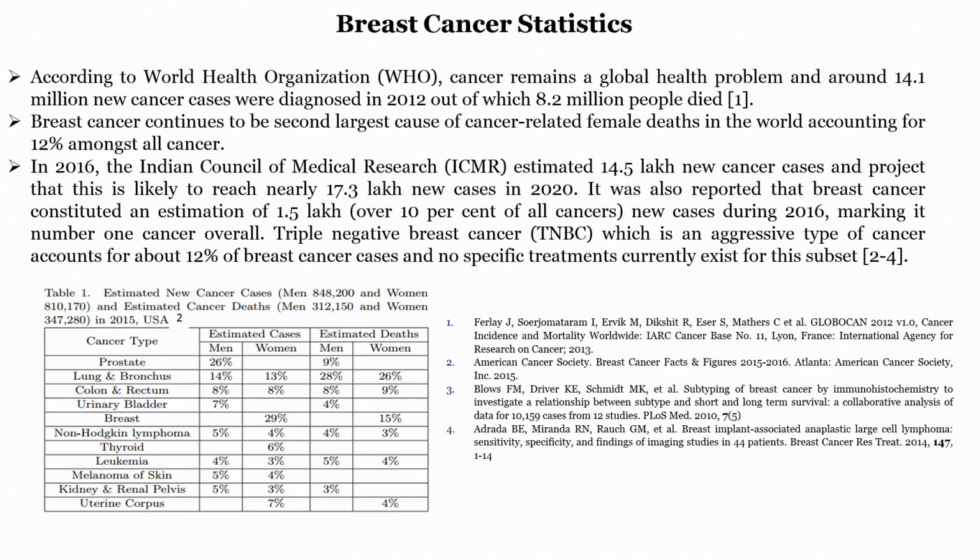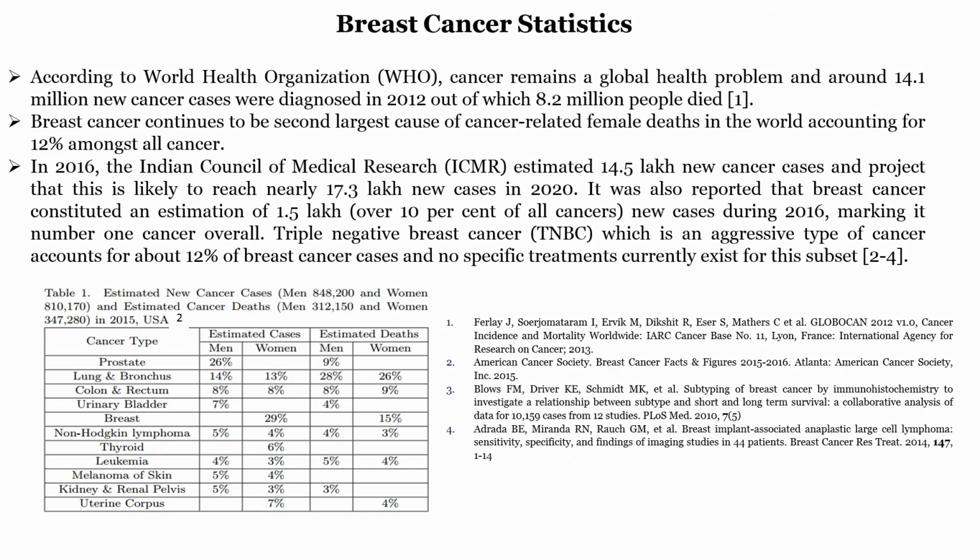Alright. So, let us see first what exactly is breast cancer, and the slide shows the statistics, which says that according to the World Health Organization, which is WHO, cancer remains a global health problem, and around 14.1 million new cancer cases were diagnosed in 2012, out of which 8.2 million died, and 8.2 million is a huge number.